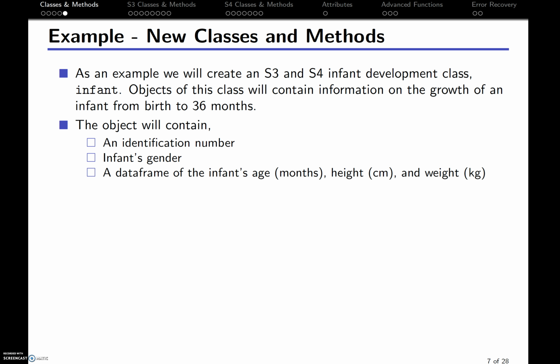I actually have a program that I'll attach along with this set of notes to show you the work I've done on this as well, coded myself. So the object's going to contain that ID number, the infant's gender, and a data frame with their age, their height, and their weight. So those of you who are parents have probably seen those growth charts, and that's essentially what we are going to create in this example.